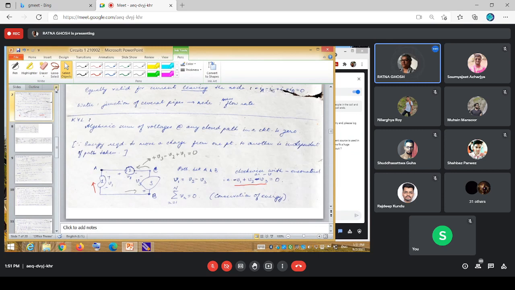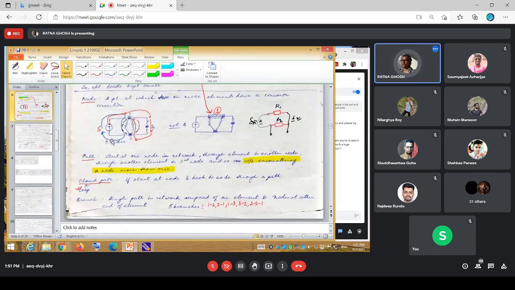Let me just look up here. For example, here, this is one loop, this is another loop, right? 2 through S to 1 is one, and 2 through this resistance back through the other is another loop. While 2 through S through 1 through this one, the second resistance as drawn here, would also be a loop, right?